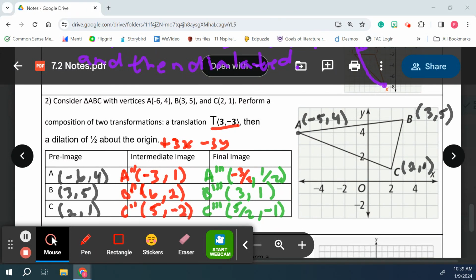So like we look at F, that's -1, 0, right? And they want you to dilate it by scale factor 2. So that's 2 times -1, which is -2, and 2 times 0, which is 0. So you plot F right there.